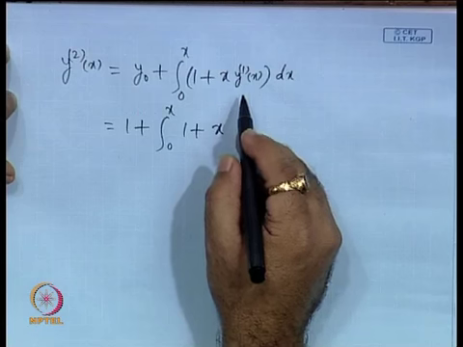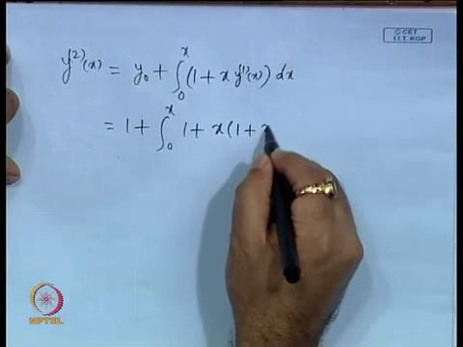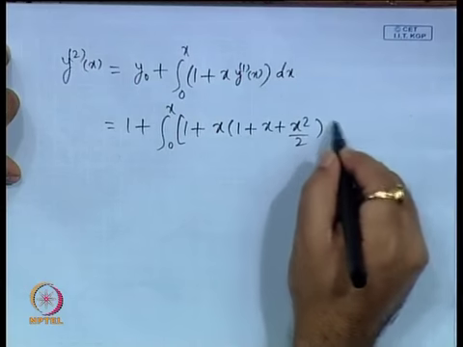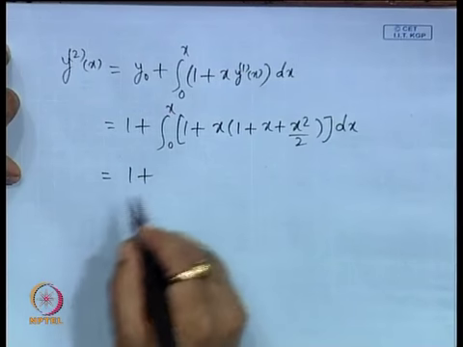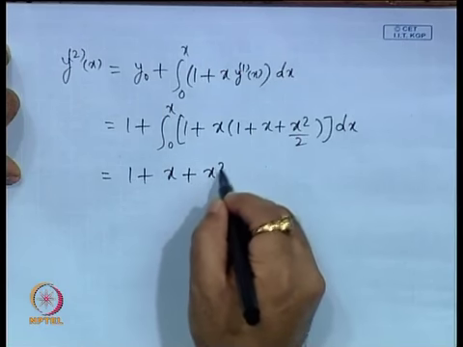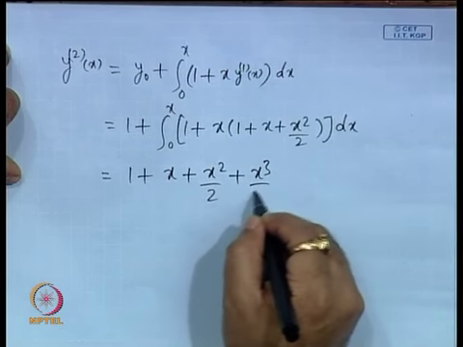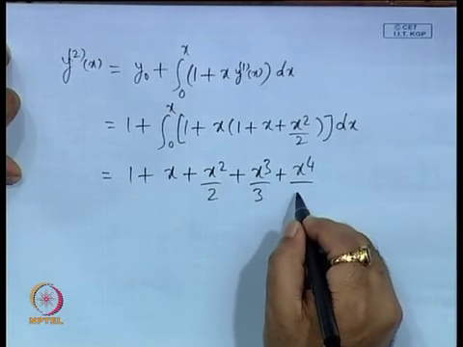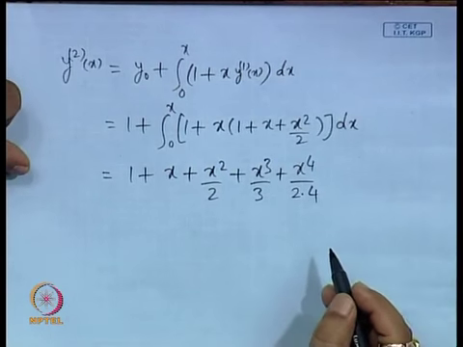So, just now we obtained y 1, that is 1 plus x square by 2. So, this is x cube by 3. So, this is y 2 of x. Okay.